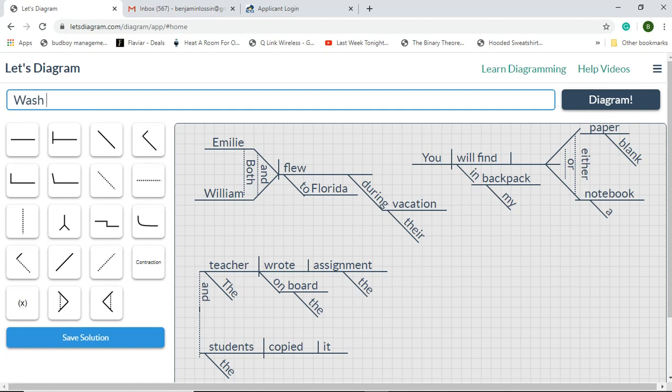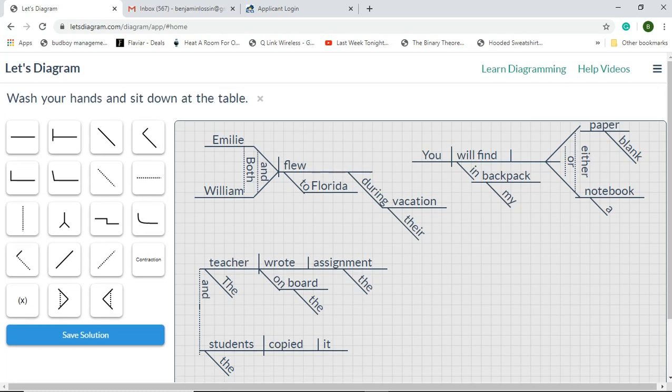Wash your hands and sit down at the table. Wash your hands and sit down at the table. What does that sound like? Wash your hands and sit down at the table. It's a command, right?